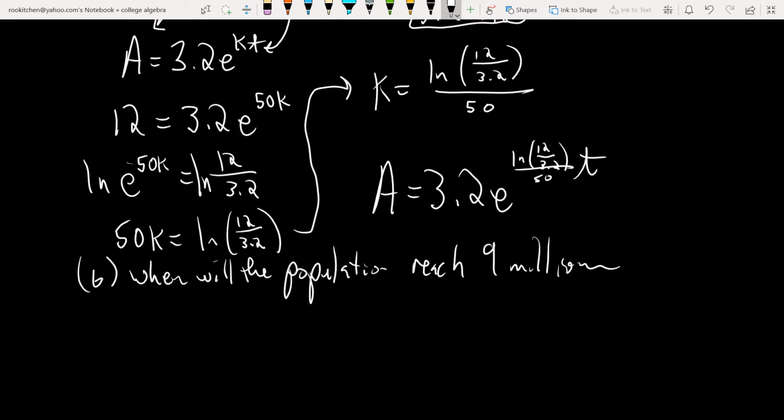In particular, in which year will the Palestinian population be 9 million? What they mean by that is which year will the entire year be over 9 million, basically.